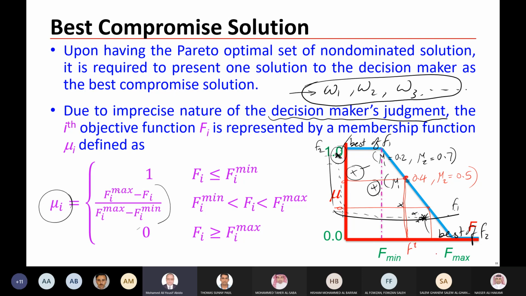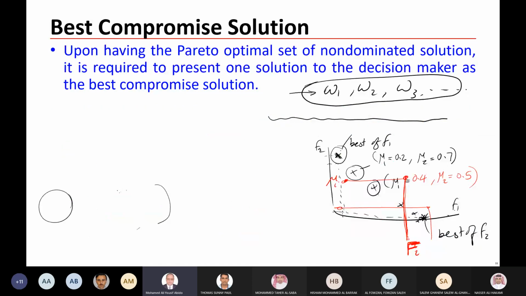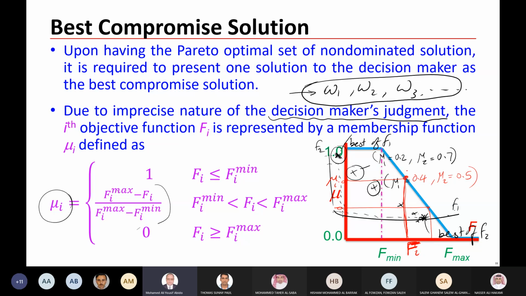This is the value of fi between f minimum and f maximum, and this is mu I. So this point is represented by the coordinates fi and mu I. You can also write this point as f max, 0, and this point as f minimum, 1.